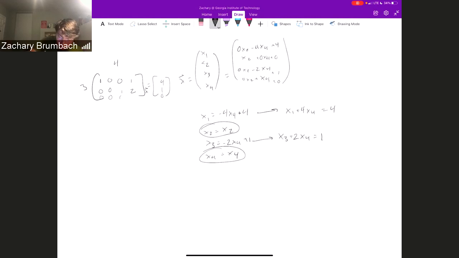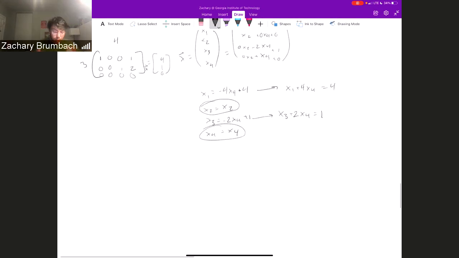So we don't have any other equations, so I just fill in the bottom row with zeros. The way I would do this is I would just do it by hand multiplication. How do you multiply a matrix and a vector? This is the way I like to do it. Your professor might have taught you something different, but I'm going to explain it the way that I do it.